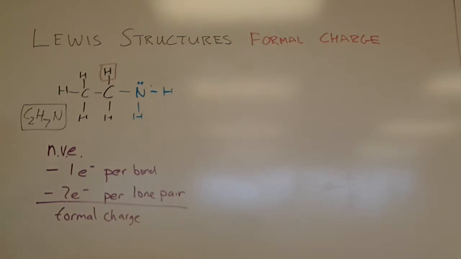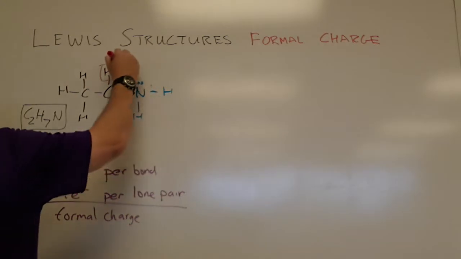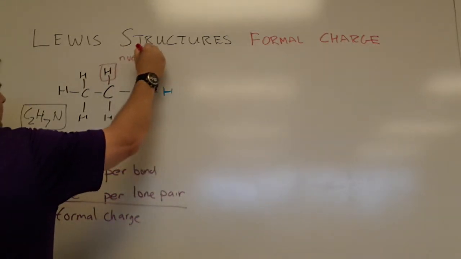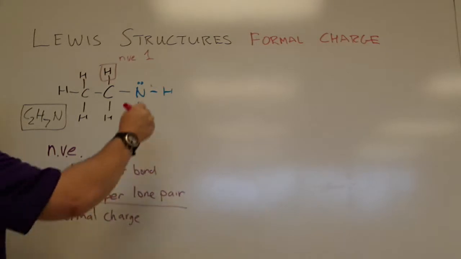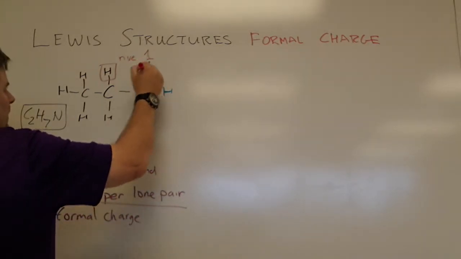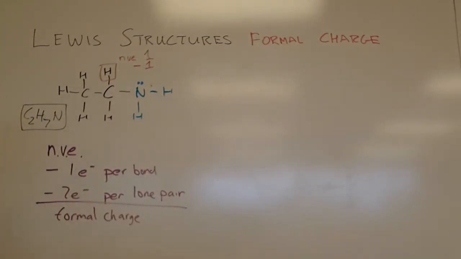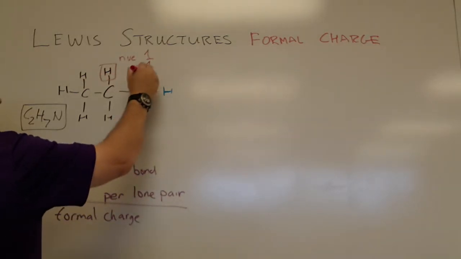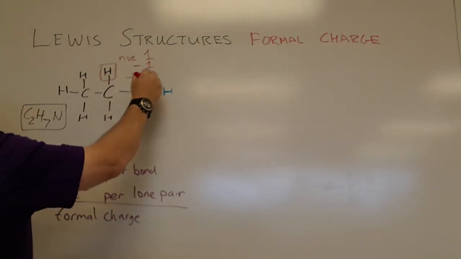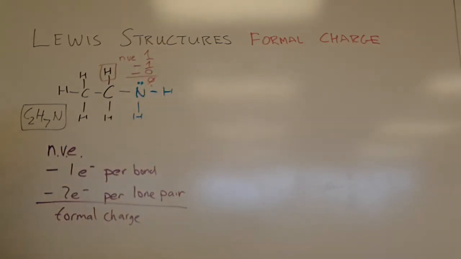It's got 1, so NVE is 1 here. We lose 1 electron per bond, and the hydrogen has 1 bond to carbon, so I subtract 1. Minus 2 per lone pair, and it doesn't have any lone pairs, so that's 0. So 1 minus 1 minus 0, the charge there is 0.